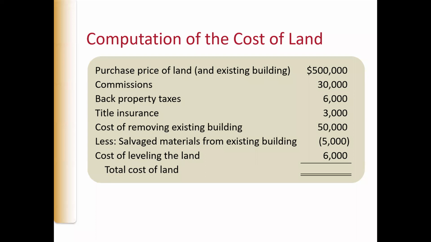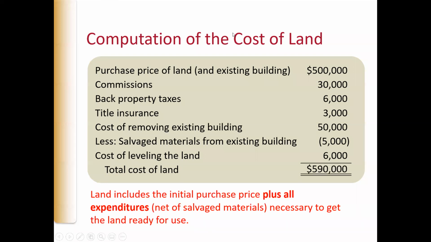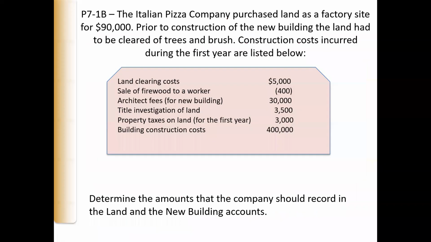Then we've got costs of leveling the land. Okay, the total cost, as you see, that we would show in the records would be $590,000. It's not just the $500,000 for purchasing the land. It's all of the other costs also to make up the price of the land.